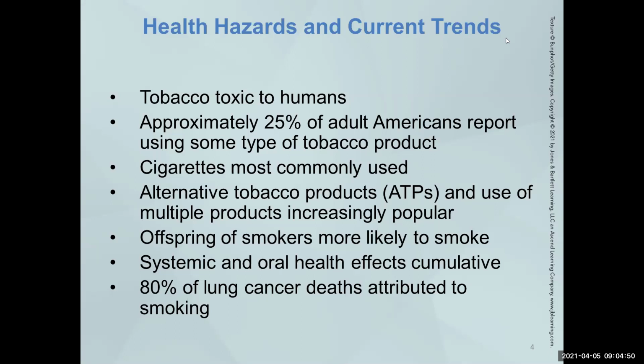And as years of tobacco use accumulate, so do the systemic and oral effects of the form of tobacco. Their life expectancy is shortened. Millions and millions of Americans suffer from disease caused by smoking. And about 90% of men and 80% of women who die from lung cancer, it's attributed to smoking.